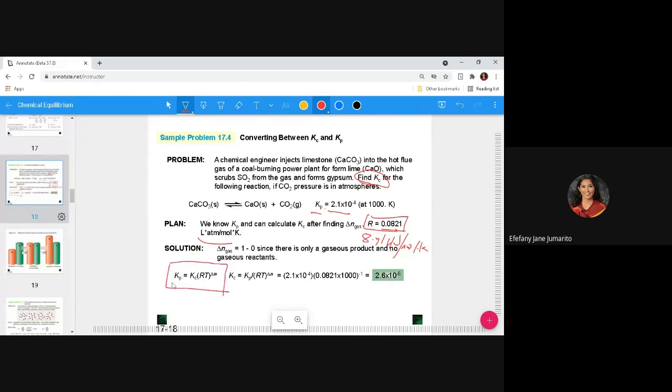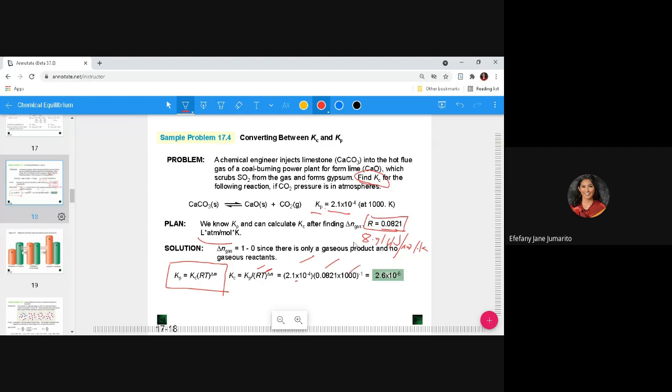So Kp is equal to Kc times RT raised to the power of n. The value of Kp is 2.1 times 10 to the negative 4, it's given. Then also the value of R is given, then the value of T also is given.